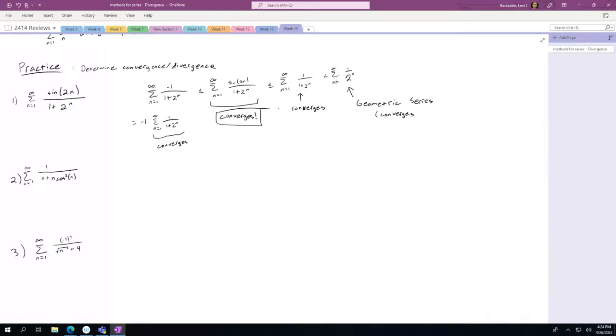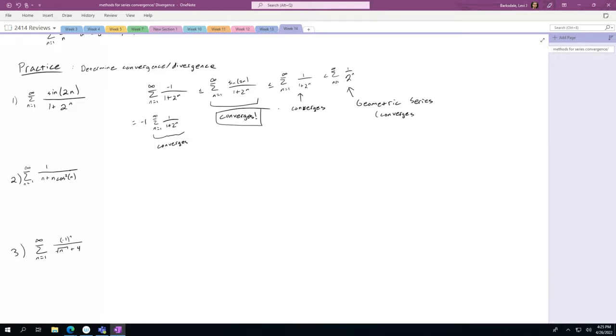So for the second one, I used the comparison test with p-series. I wanted to compare it to something similar, and I knew that because the denominator, you keep adding things to it, you will find something that's greater by finding something where the denominator is smaller.